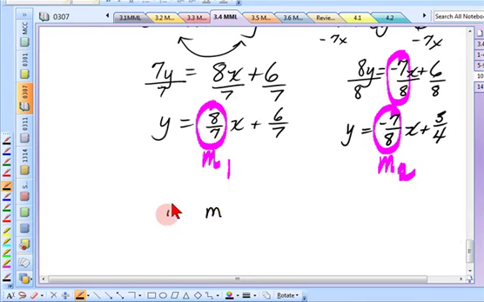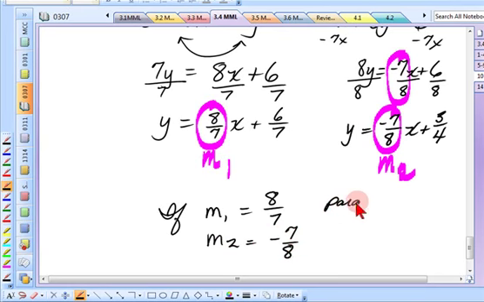Okay, if M1 equals 8/7 and M2 equals negative 7/8, are they parallel? No, because they are not the same. Are they perpendicular?